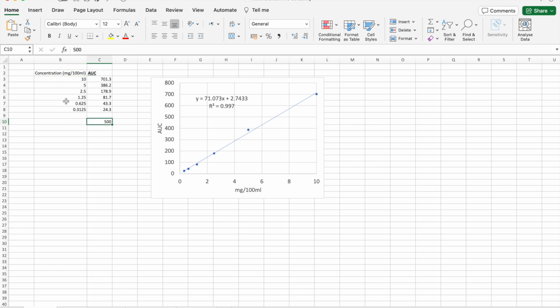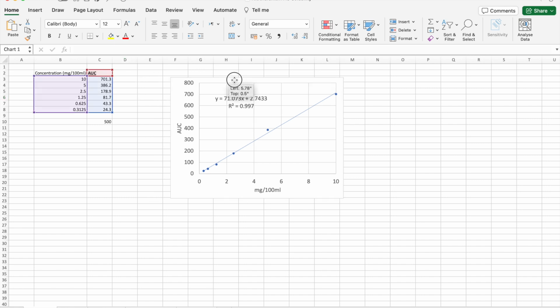Of course, we could spend many months or years trying to find the exact concentration that's going to provide an area under the curve of 500. Or, as I mentioned, we can create a calibration curve where we take a couple of different known concentrations, find their areas under the curve, and then construct a chart like this.